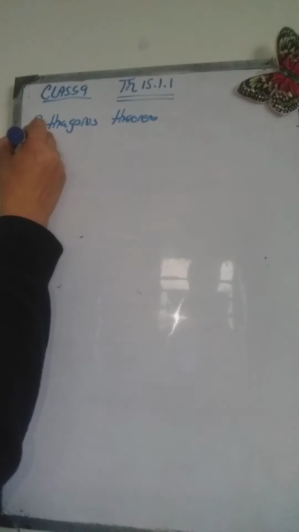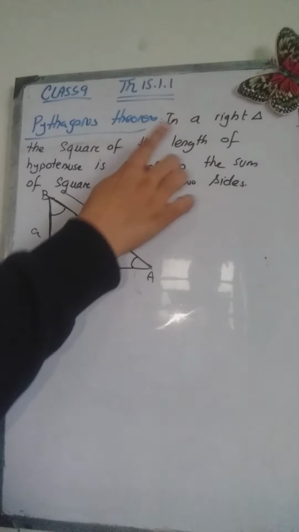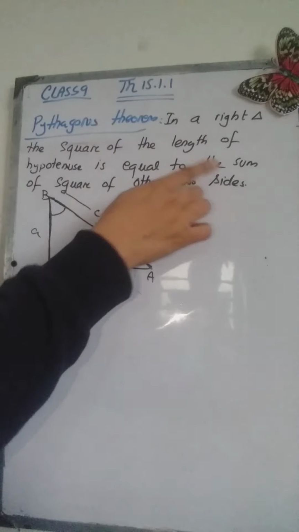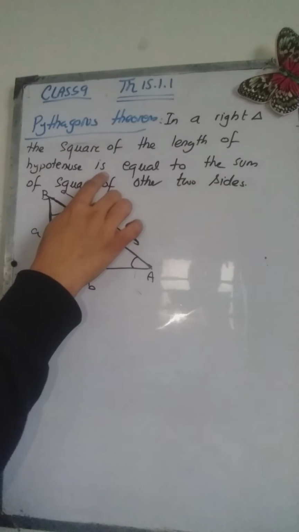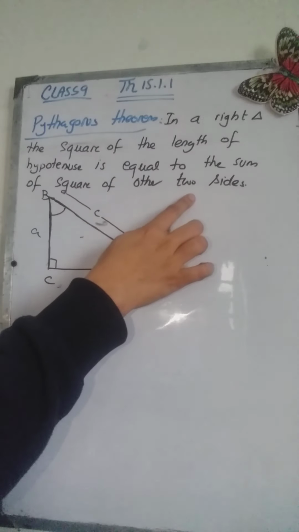Let me write the statement of the theorem. The statement is that in a right triangle, the square of the length of the hypotenuse is equal to the sum of squares of the other two sides.